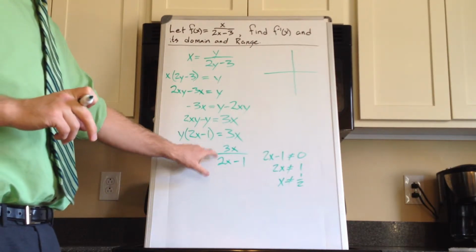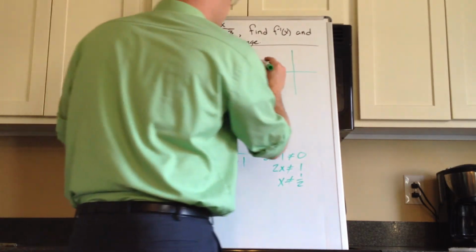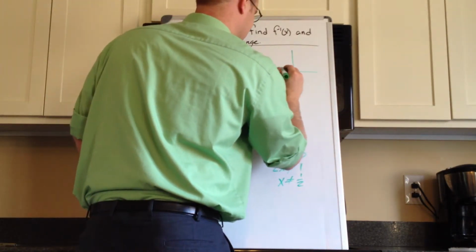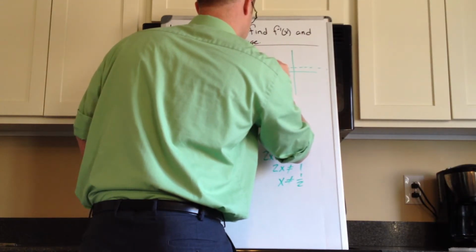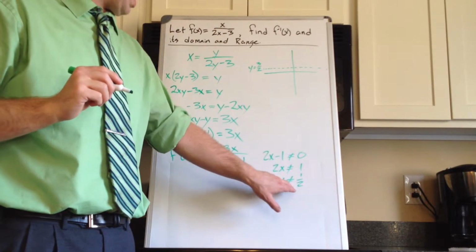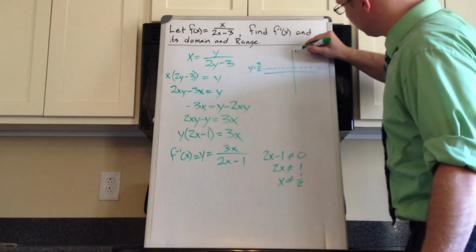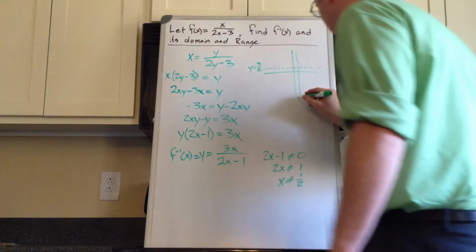Since they're the same degree, we just look at the coefficients, 3/2. So I'm going to write that here: y equals 3/2. That's our horizontal asymptote. And our vertical asymptote is going to be x equals 1/2. I don't know if I'm drawing these to scale, but this is supposed to be x equals 1/2.